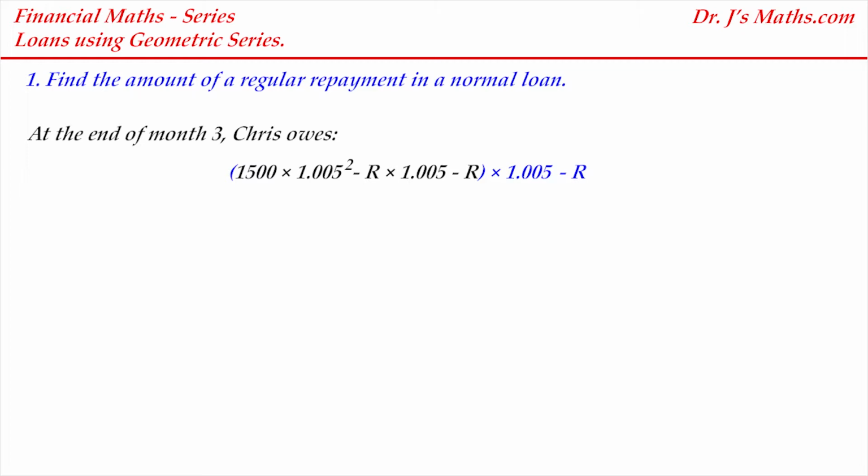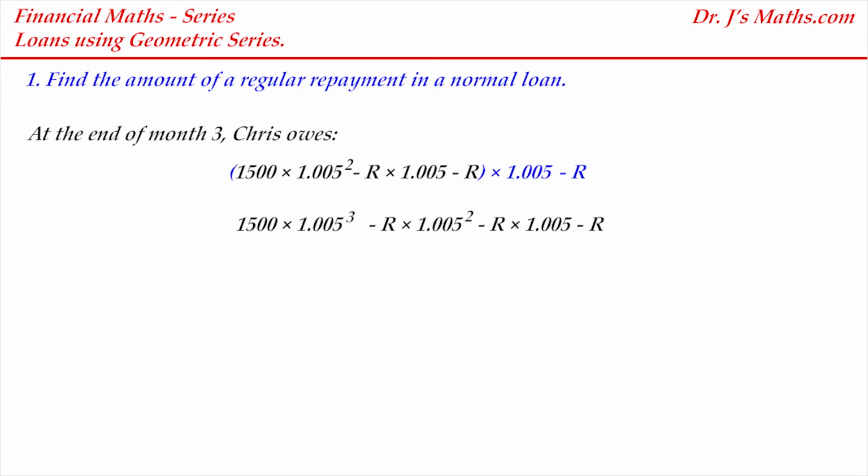Now we can expand that using our loops again. The first bit is 1,500 times 1.005 squared times the 1.005, which gives us 1,500 times 1.005 cubed. The next bit is the R times 1.005 times the outside 1.005, so that squares that term, and then minus R times 1.005 just goes straight down, minus the third repayment.